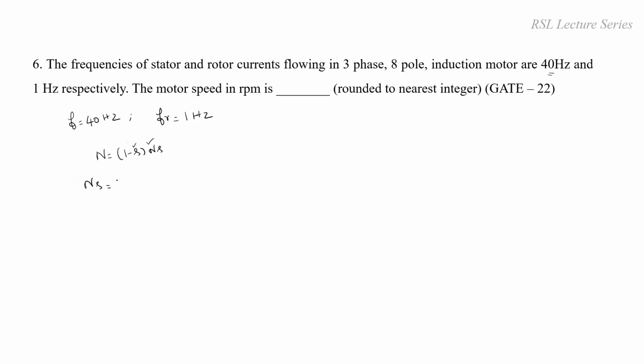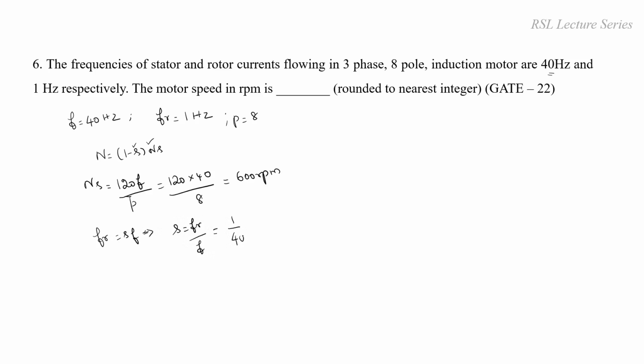Again the same formula: Ns is equal to 120 F by P. So 120 into 40 divided by the number of poles, P equal to 8. This will be equal to 600 RPM. Now Fr is equal to S times F, so S is equal to Fr by F, which is 1 divided by 40.